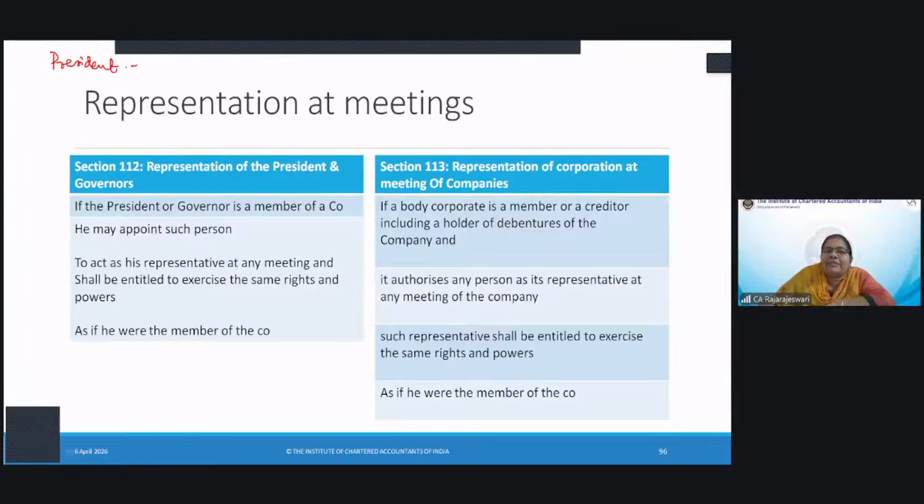So it will be represented by the president of the country or governor of a state. So they will not be able to attend in person in every AGM. So what they can do, they can appoint some other person on their behalf to attend the meeting personally. That person will have the same rights as though he is holding the shares. Same rights as though he is a member.